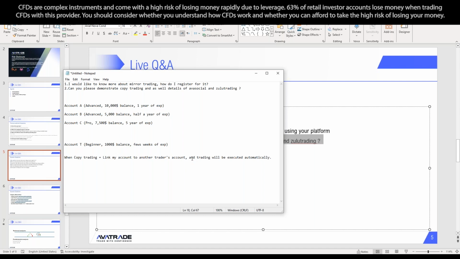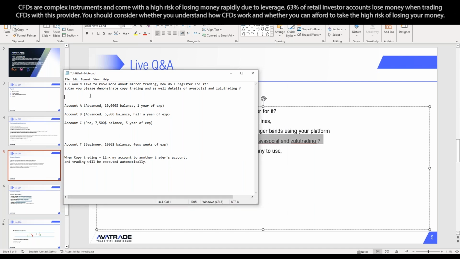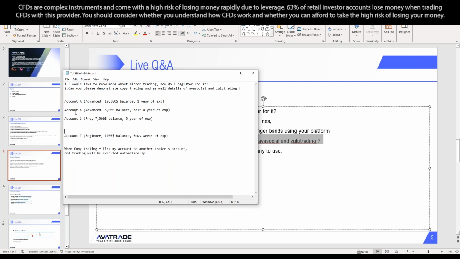Now, when I choose, why did I put it this way? Who knows why I've lined up those different criteria to the traders? When I am mirroring someone or when I am copying someone, it doesn't matter if it's through AvaSocial or from ZuluTrade, even though the concept is quite similar. In AvaSocial, we can follow or copy someone. With ZuluTrade it is auto trading. They're both automatic.